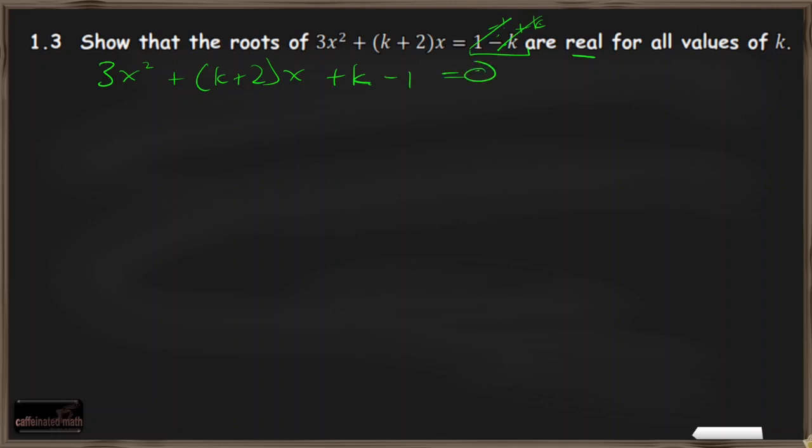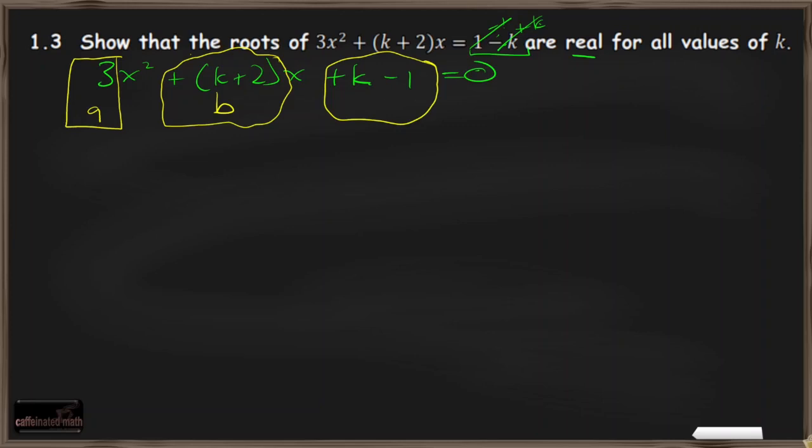So let's have a look at our values. So that's a, and then for b we'll have that, and that will be c. So let's get ready. Given this is the nature of the roots, or as I like to call it, what kind of number is x?